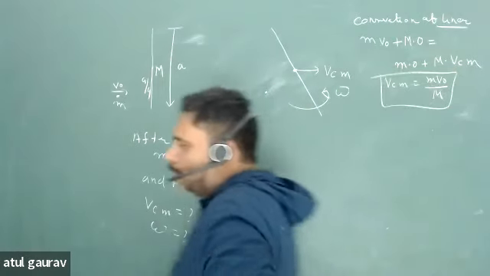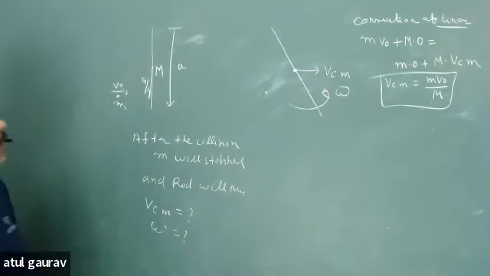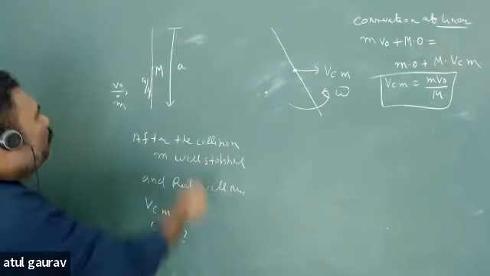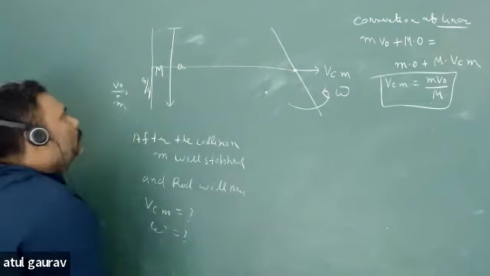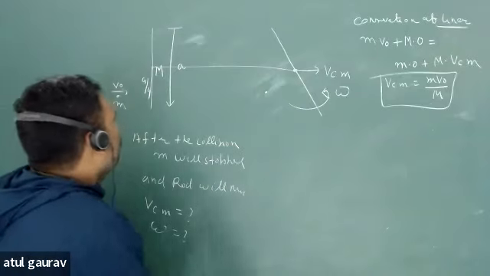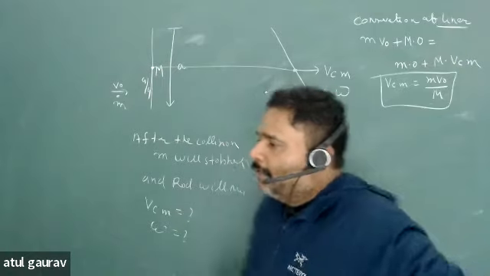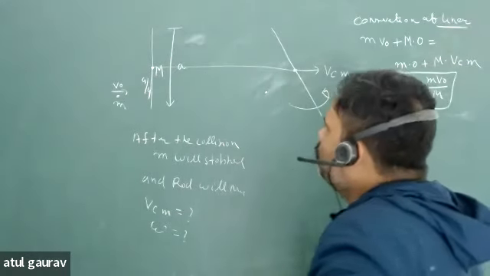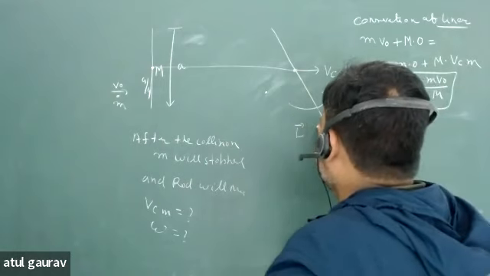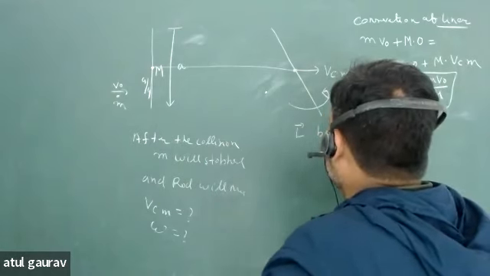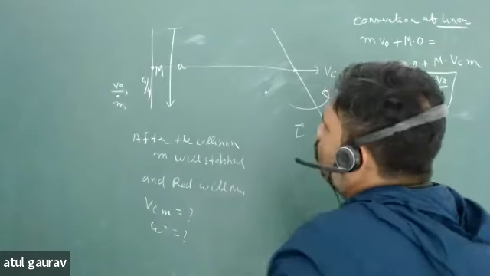Now I am just using conservation of angular momentum about center of mass. So this is my center of mass, and this is my origin. Now, what will be angular momentum of a system before collision? बताइए, क्या होगा?